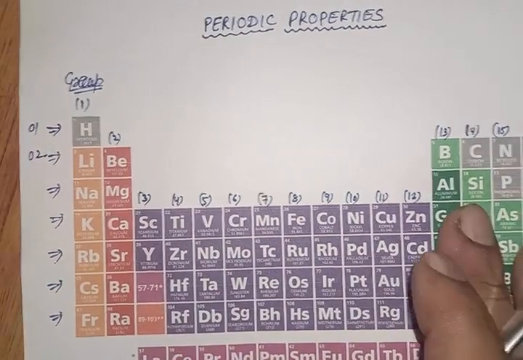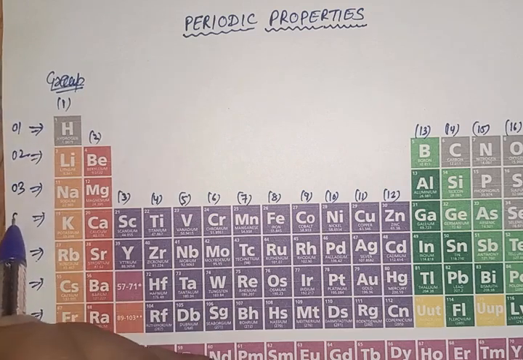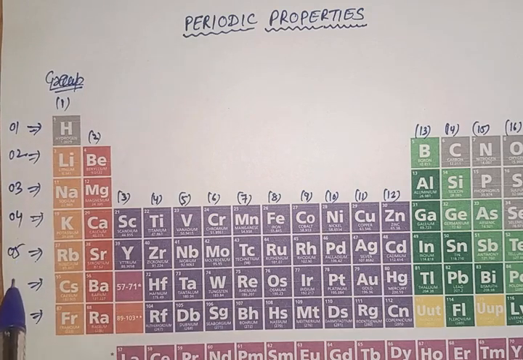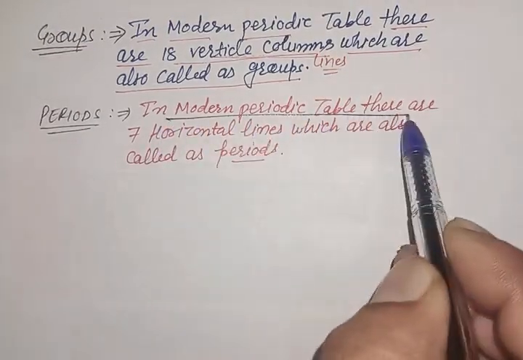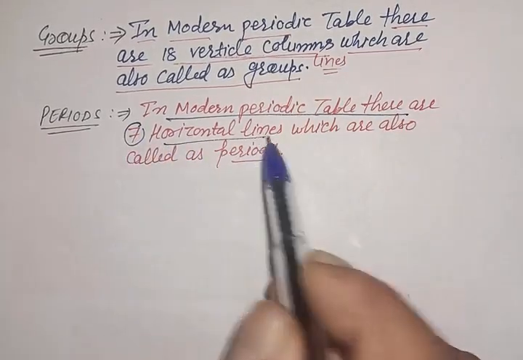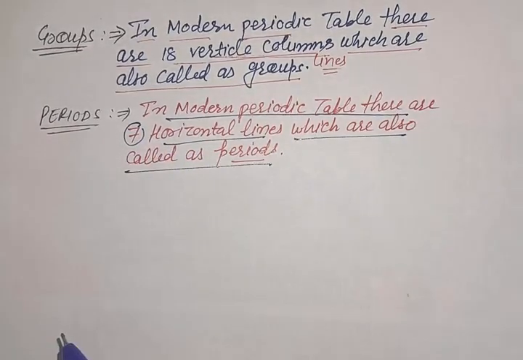1, 2, third period, this is fourth, fifth period, sixth period, and this one is the 7th period of the modern periodic table. In the modern periodic table there are 7 horizontal lines which are also called periods.